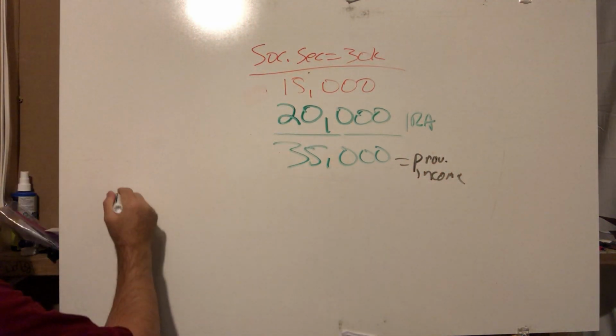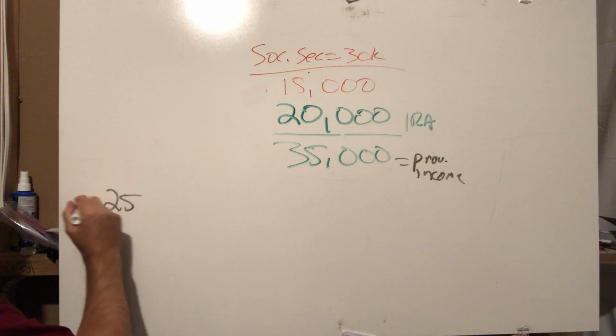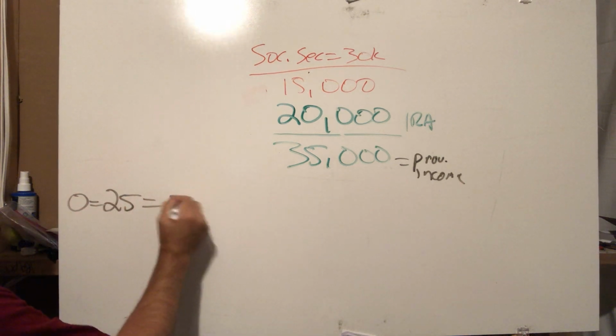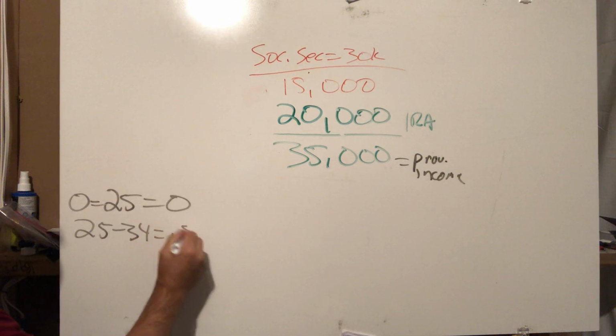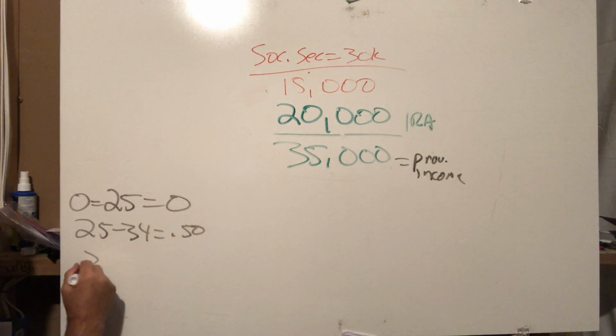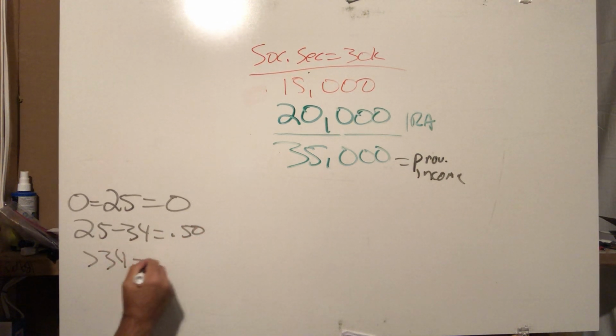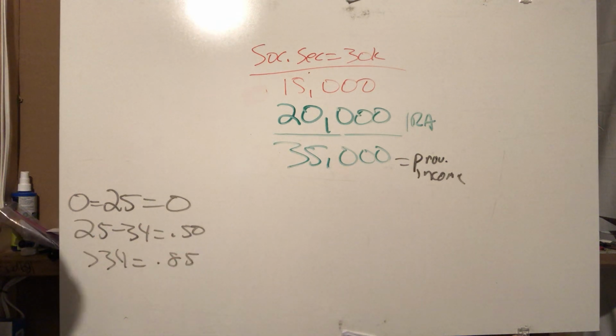Okay, so we go over here: up to 25,000 is 0. From 25 to 34, we multiply by 0.5, and anything over 34,000 is 0.85.